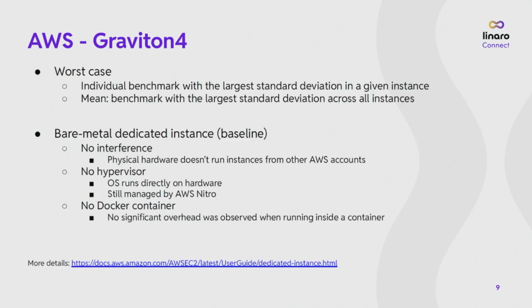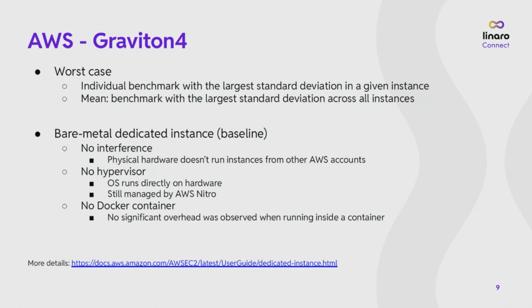So this instance, the one with 96 vCPUs, is actually a bare metal dedicated instance, which means that it runs on physical hardware that is not shared with other AWS users. So there are no other processes running there at the same time, which means there's no interference in this case.